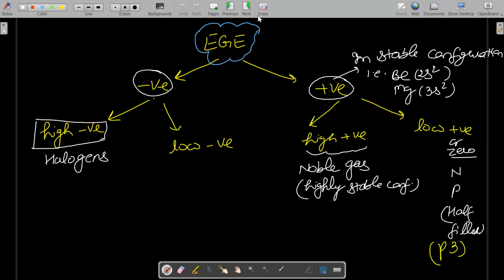So this is the reason electron gain enthalpy may be positive also.